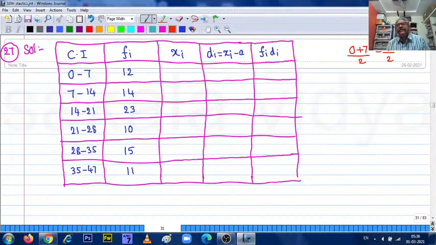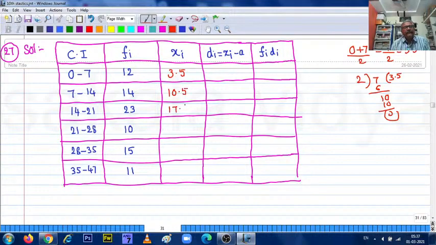7 by 2 is equal to 3.5. So 7 minus 0 is 7, class size is 7, go on adding 7, you will get the mid values of the respective classes. The mid value of 7 to 14 is obtained by adding 7 to 3.5, that is 10.5.